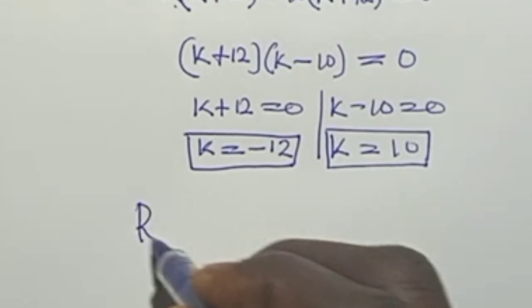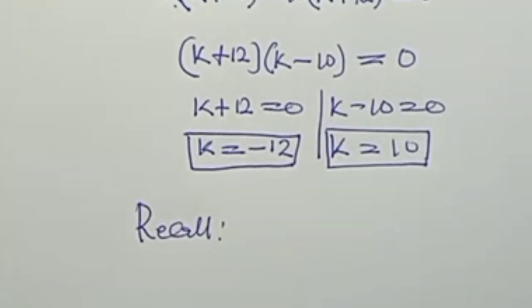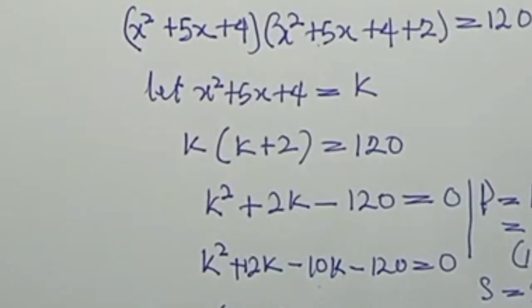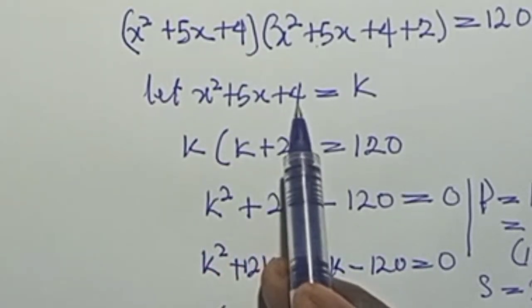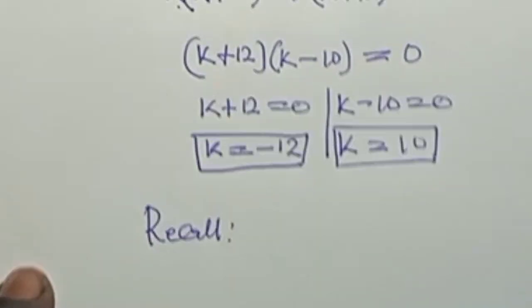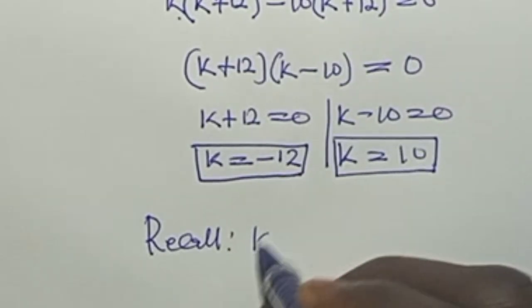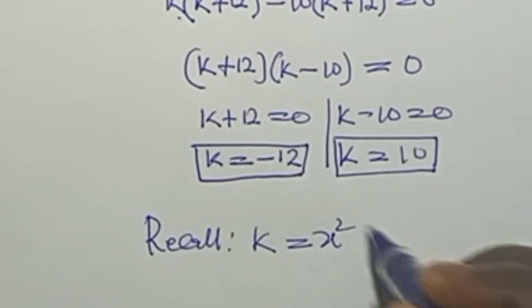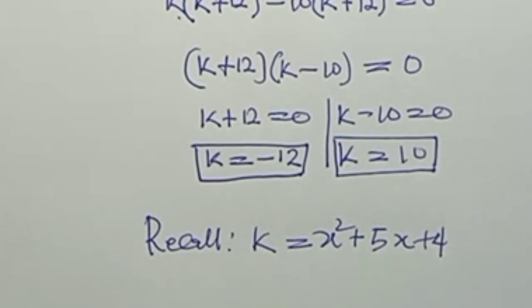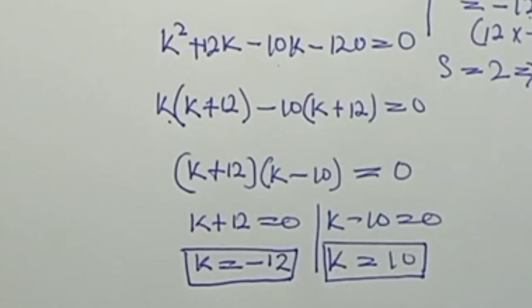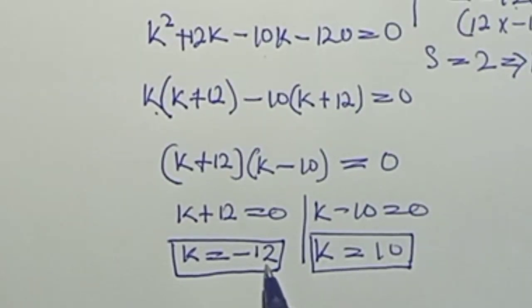But recall that we assumed k to be x squared plus 5x plus 4. So k is equal to x squared plus 5x plus 4, and now we have k as minus 12 and 10.